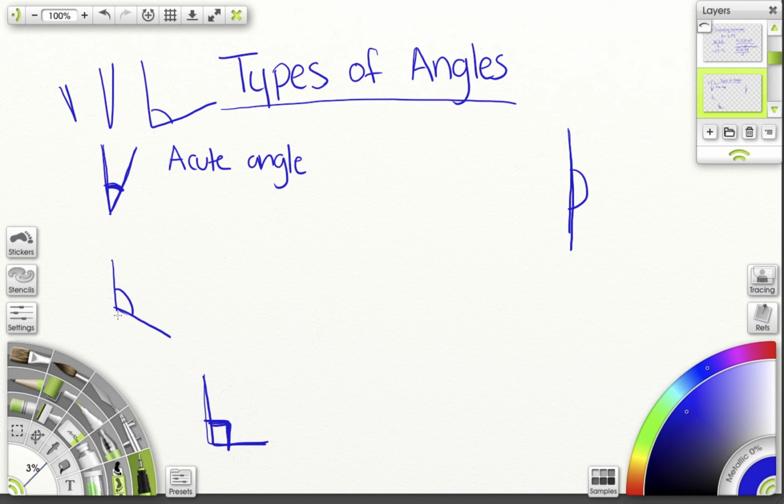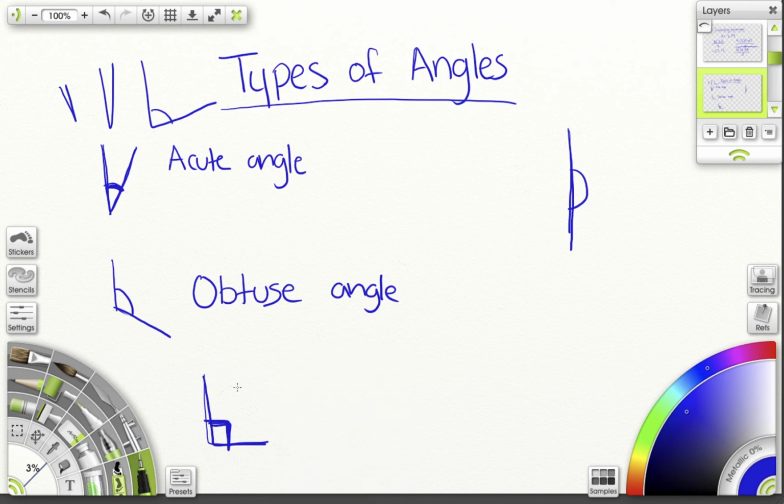This one right here that goes really out and wide is called an obtuse angle. An obtuse angle is an angle that is wider than 90 degrees. So that one is bigger than this angle right here. So this angle goes straight up and down, straight side to side.